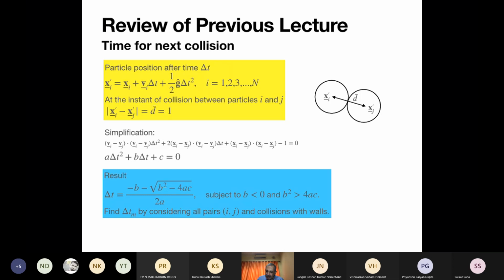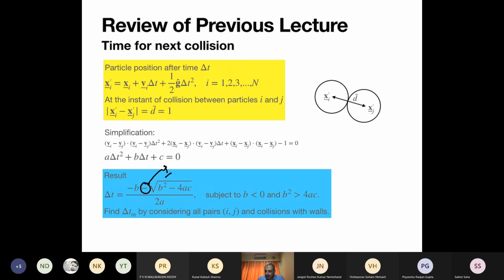One thing I didn't mention in the previous class, but which is important, is that we always have to take the minus sign over here. So it is actually plus or minus. Since b is negative, the first term over here is positive, and so you'll get two terms.